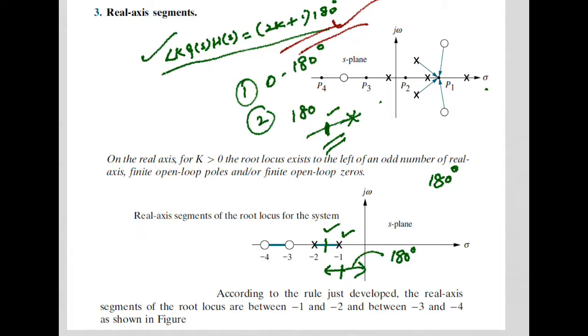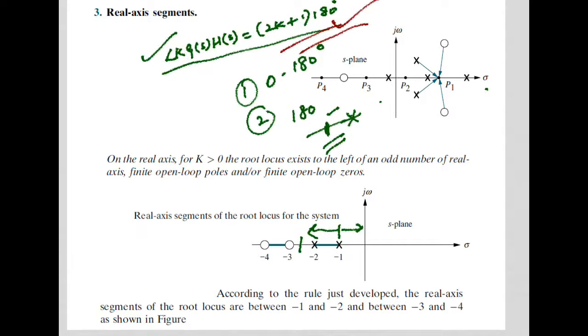Now come to the point between -2 and -3. If the point of observation is between -3 and -2, we have an angular contribution of 180 degrees from the first pole to this point and the pole to 0.